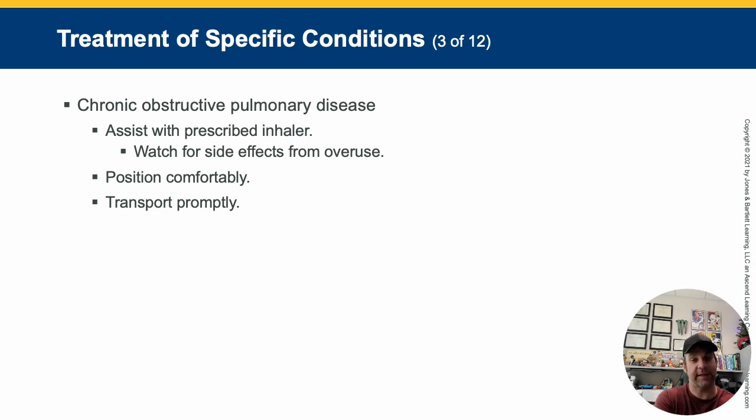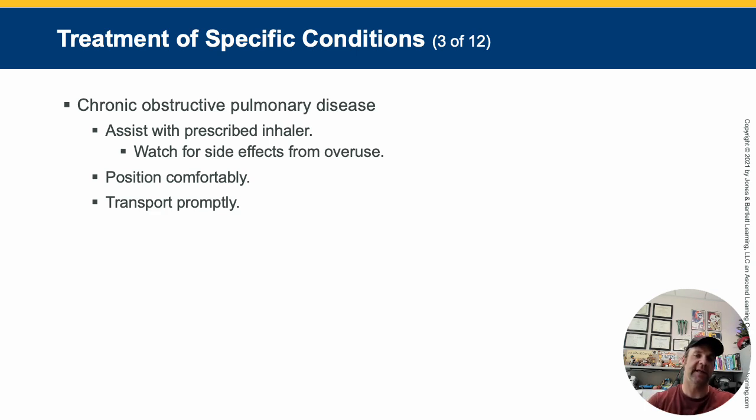Now, if they have a prescribed inhaler or nebulizer and are alert enough to use it, you may assist them in administering it according to your local protocol. Really watch for signs of medication overuse, which can be tachycardia, nervousness, and tremors. Most of your COPD patients will benefit from being in the upright position, which helps maximize their lung expansion.